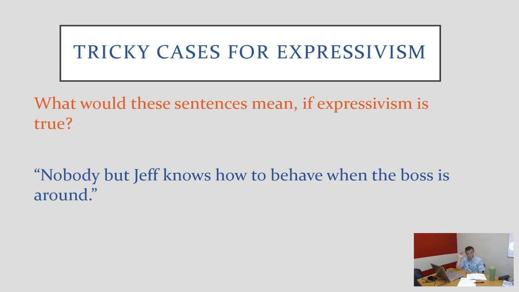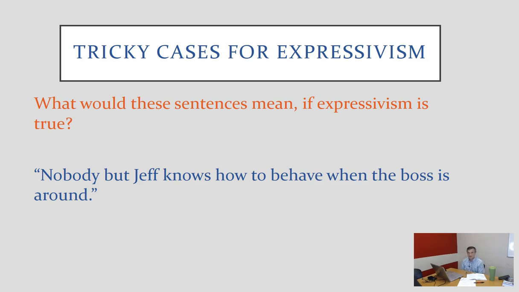Yeah, we looked at those. Torture is immoral, for example. But your author gives you a few examples where the meaning seems to be transparent, but the expressivist is going to have to do some serious mental gymnastics to translate it into emotional expressions. So, nobody but Jeff knows how to behave when the boss is around.